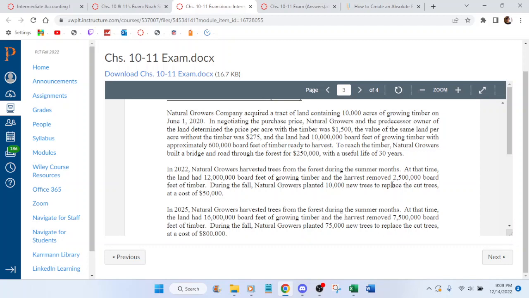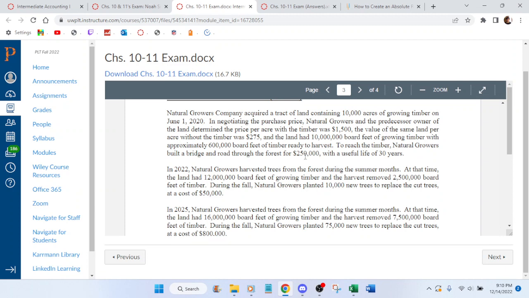And apparently it doesn't matter anything at all about what amount of growing timber there was in 2020, because they didn't even harvest any in 2020. And you know what I hate about this part with the bridge and road?